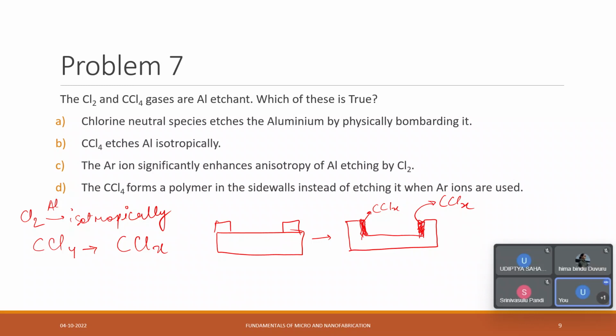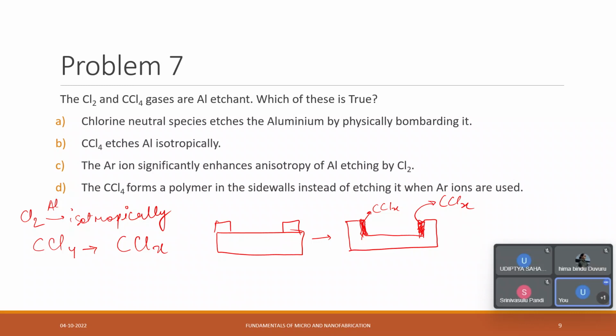This is what directionality helps with, and this way we get the term directional etching. Directional etching is the difference in etch rates between the horizontal and the vertical profile, so that should be in a measure form. That is the measure of directionality.